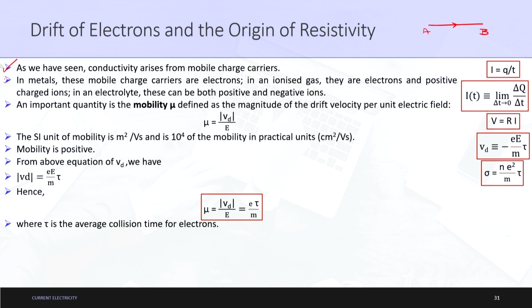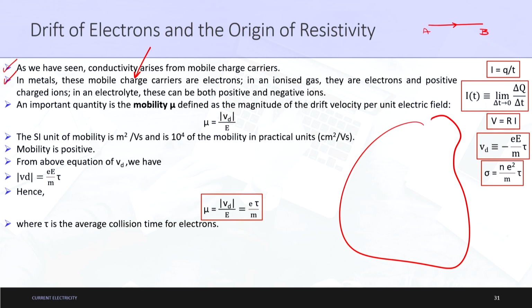So, just a theory part for you again. Till now, in our current electricity concept, we are only assuming that electrons are moving, but you should also remember that an ionized gas, such as the gas present in the ionosphere, is called ionized because it also contains positive and negative ions. So in an ionized gas there are electrons and positively charged ions, and likewise in an electrolyte. What is an electrolyte?